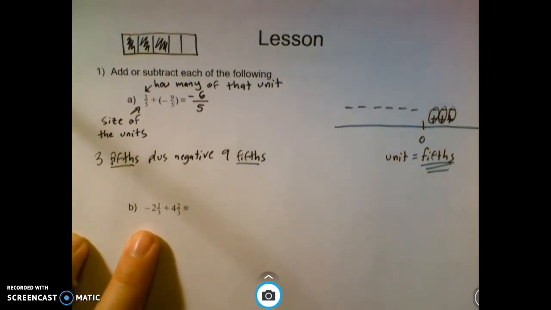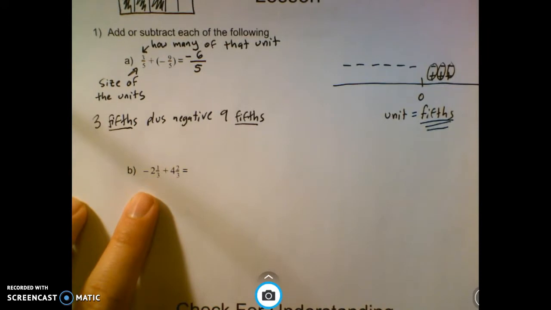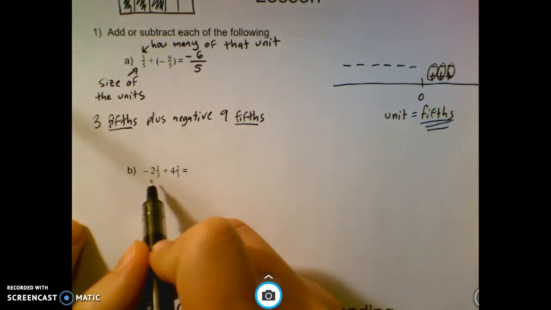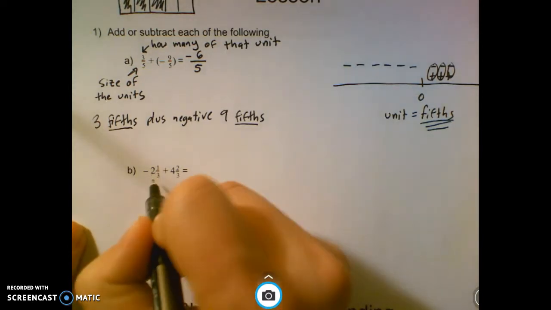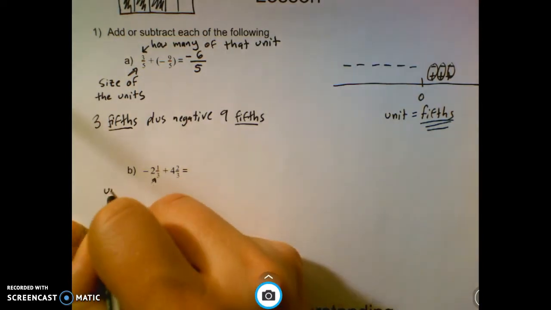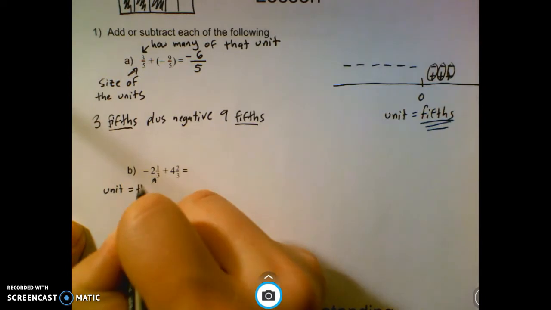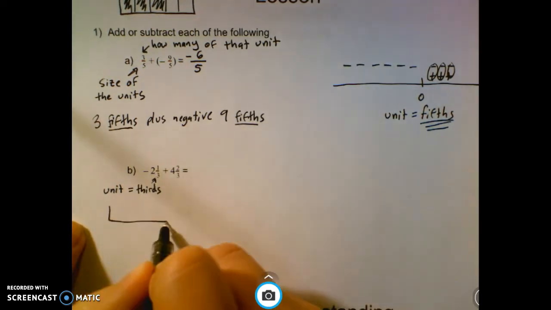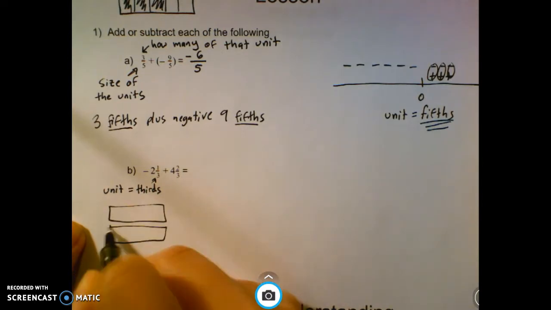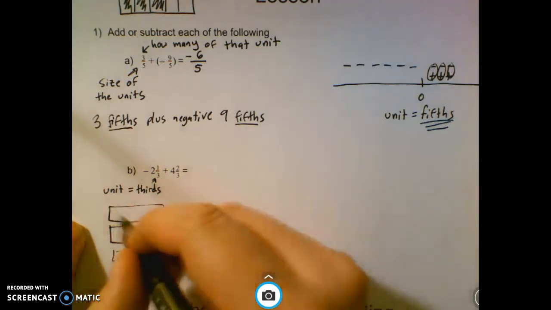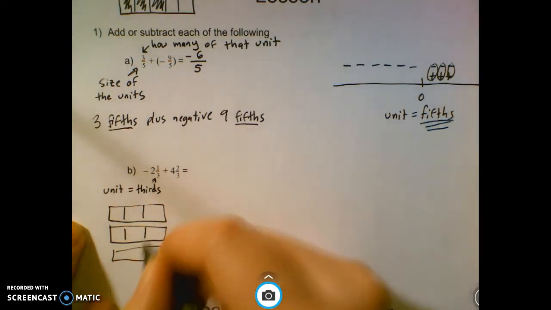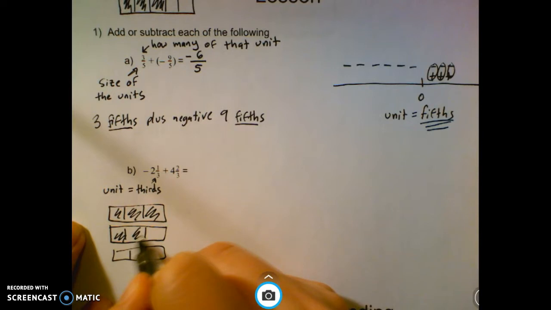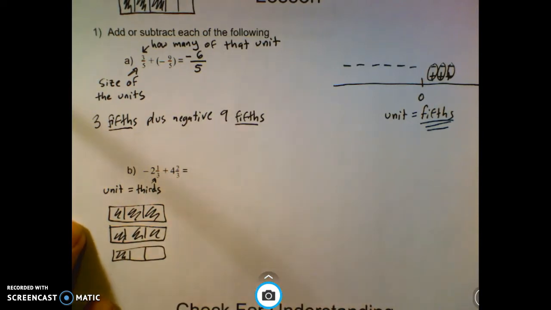Similarly, when I see things like this that are mixed numbers, all I have to do is understand what it is I really have. So 2 1/3 tells me that my unit is thirds. And if I have 2 wholes and 1/3, that means that my unit size is thirds. I have 2 wholes and 1/3.